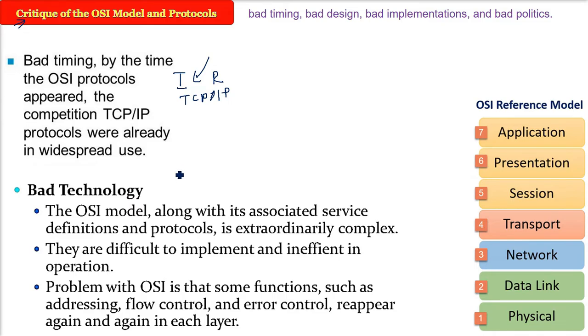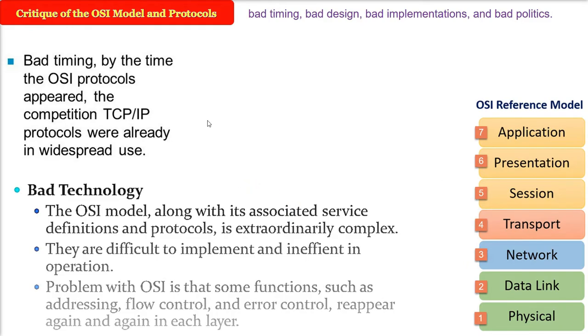Then the bad technology. What is the criticism with respect to bad technology? The OSI model, because of the protocols and definitions given by ISO, was quite complex. It was very difficult to implement, and the operation was very inefficient. And most of the functions, like addressing, flow control, error control, were repeated in different layers, reappearing again and again.